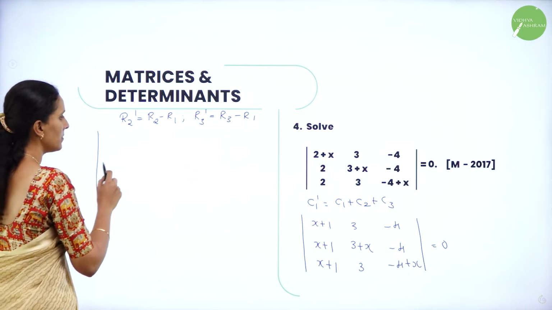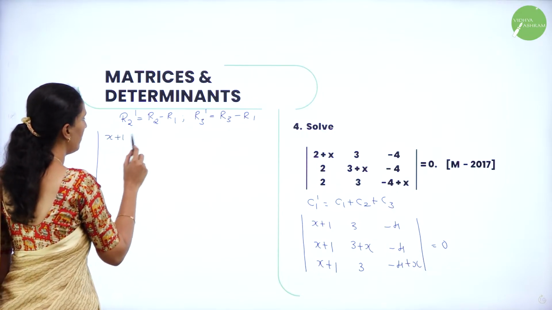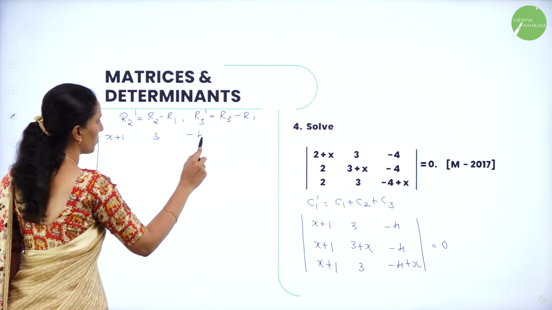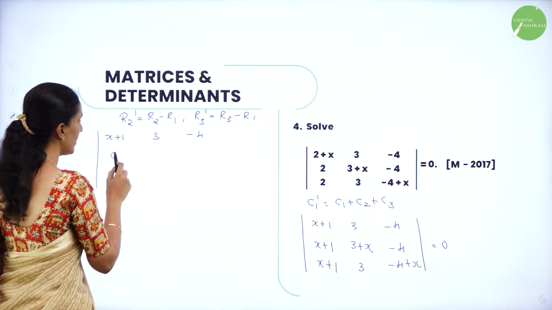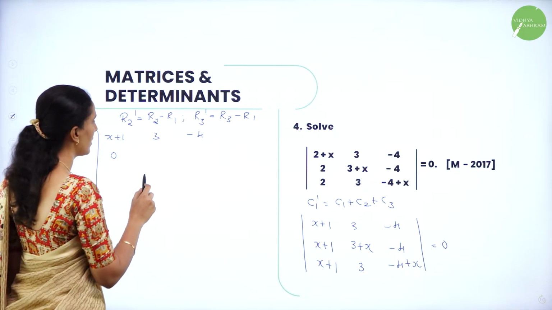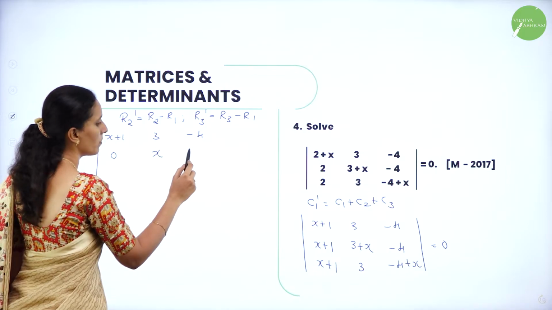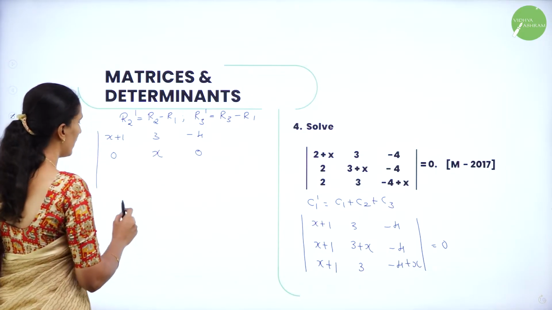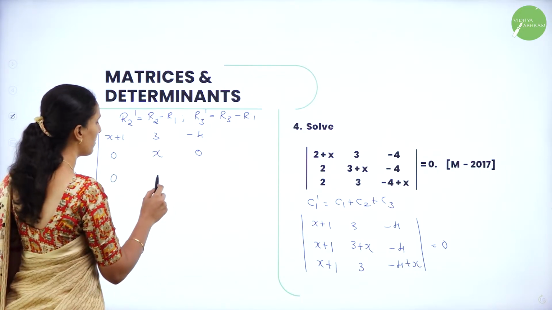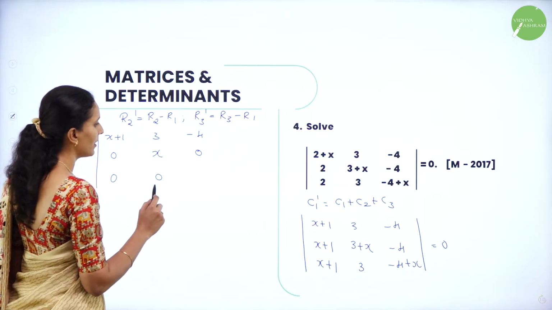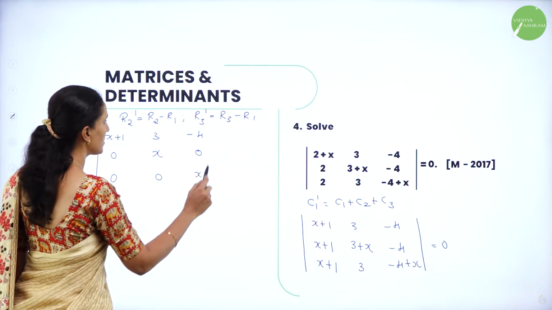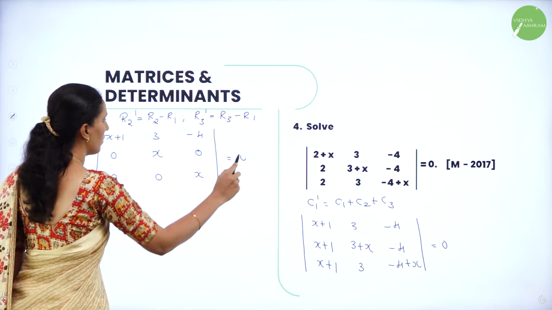Then it becomes x plus 1, 3, minus 4. Next, 0, 3 plus x minus 3 is x, minus 4 becomes 0. Next is again 0, 3 minus 3 is 0. Next, minus 4 plus x, again it becomes x. This is equal to 0.